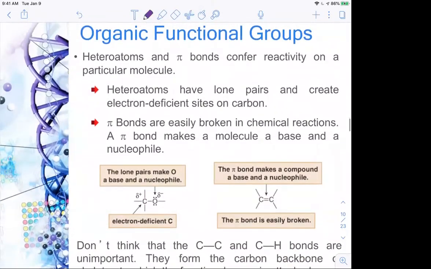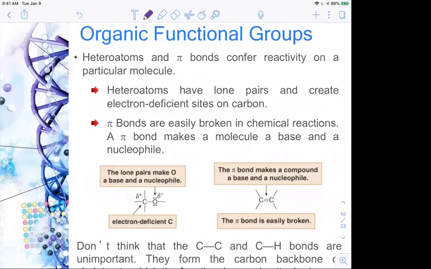Now, heteroatoms and pi bonds actually are very reactive. Heteroatoms generally have lone pairs, and they can help create electron deficient sites on carbon.